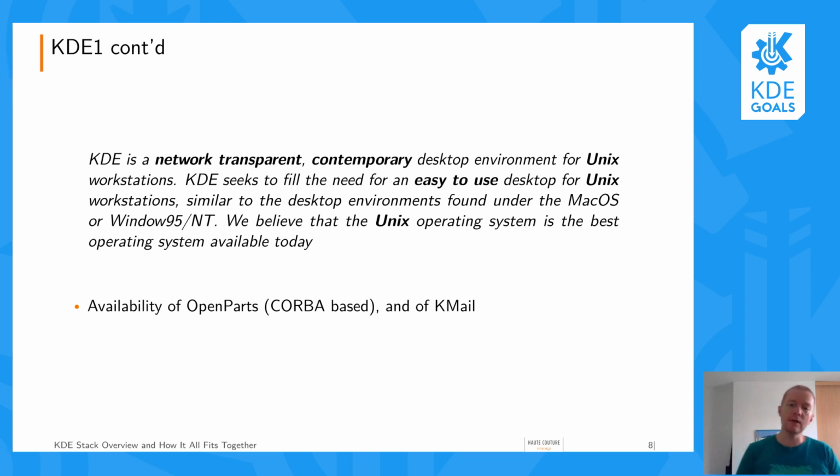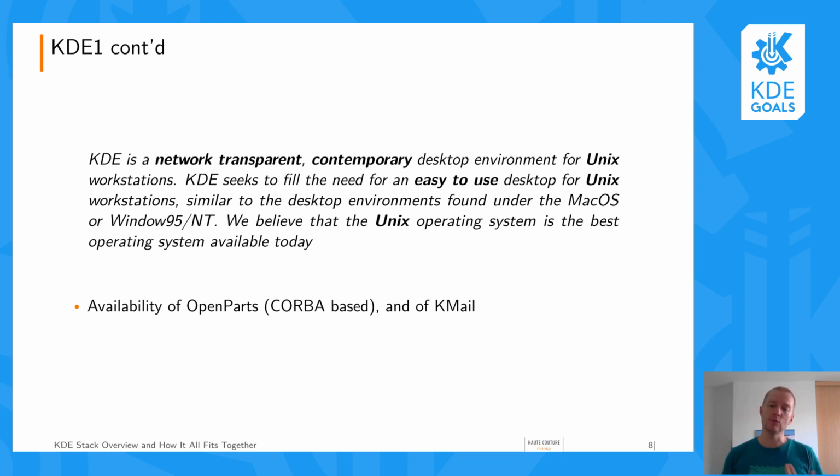And so for KDE1, there's a couple of technologies which were there. One of them being Open Parts, which is long forgotten because it's not there anymore, which was based on Corba. So for the youngest amongst us, Corba was a very heavy enterprisey technology for having components interacting across processes.